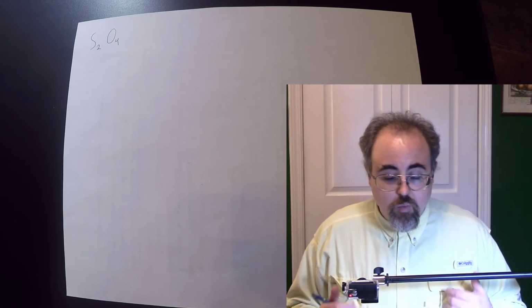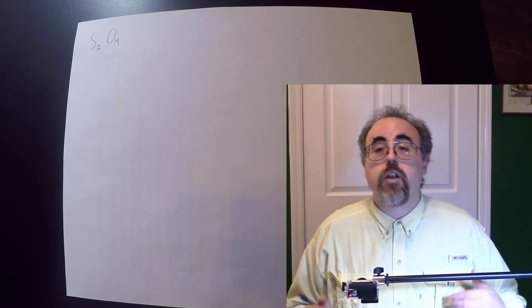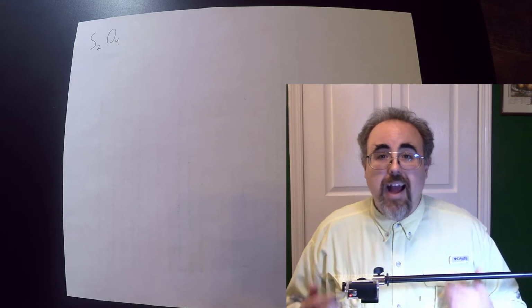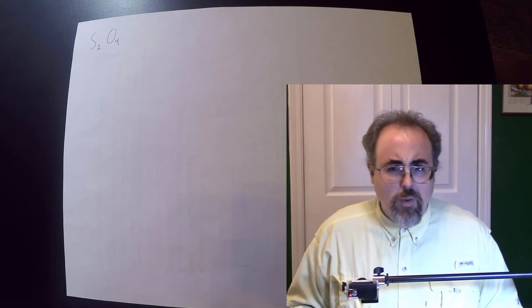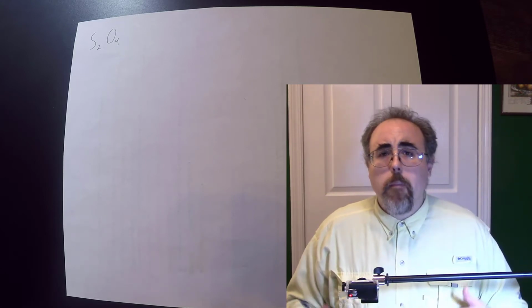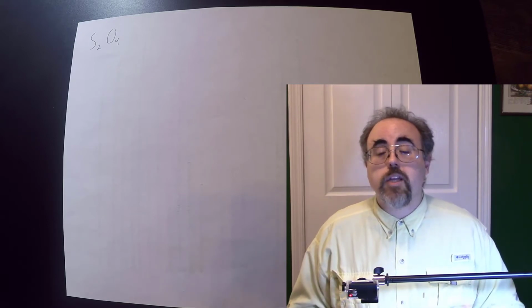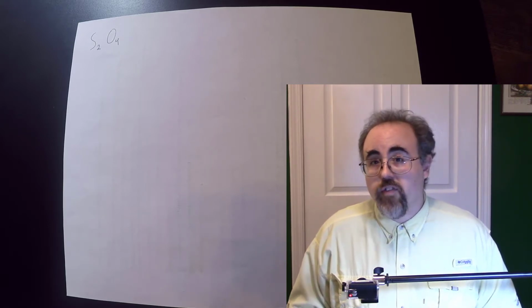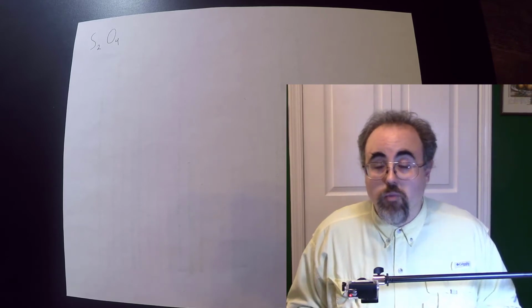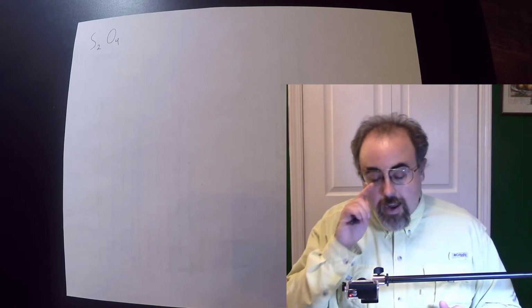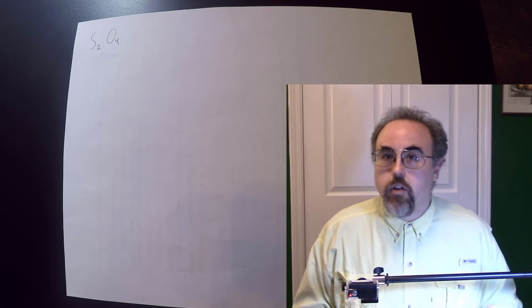If this was sulfur and oxygen and they were forming ions, which would be kind of weird since they're both nonmetals, we could figure out the ratio of ions from the charge of the ions. Well, there is no charge. We can't do this. So what I need to do is in the name actually tell you the chemical formula.